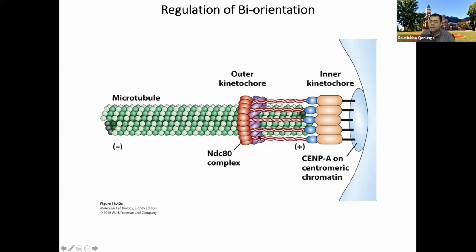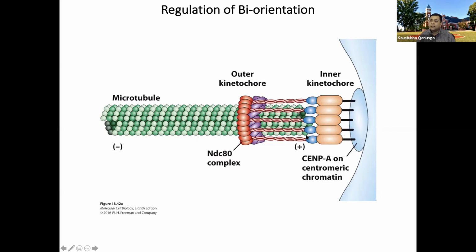Because remember that we talked about addition at one end, and at the other side of the kinetochore microtubules, you will have degradation or depolymerization. And someone asked this question before: if it is attached really to the end, and it grows or shrinks, what happens?